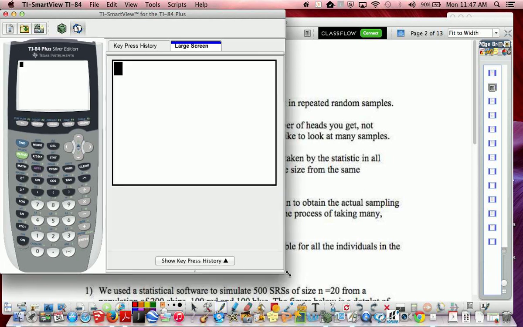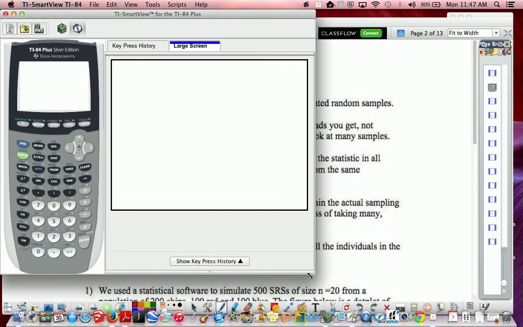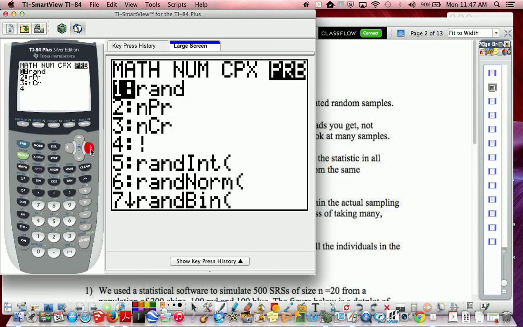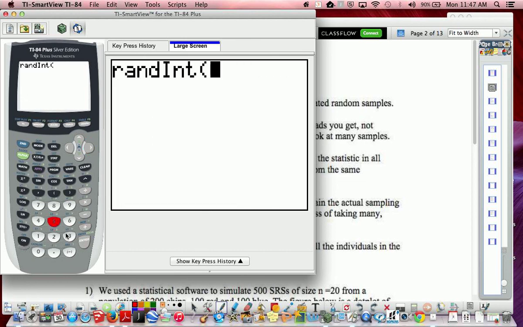I'm going to go to my math menu, over to the probability menu, and choose number 5, random integer.